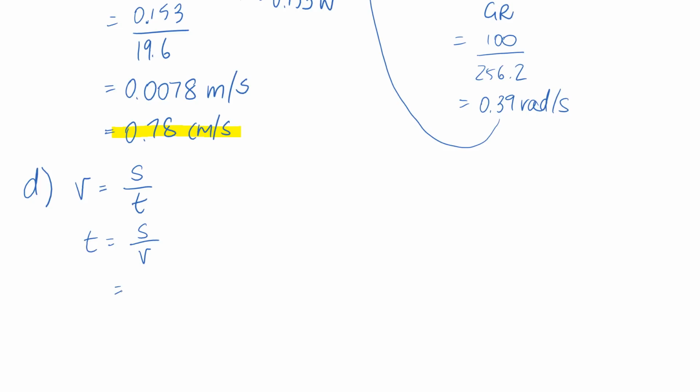And we just need to substitute in our information. So the displacement that we want to go is 30 centimeters, and the speed at which we're doing it is 0.78. So this comes to about 38.4 seconds for the time it would take to lift it all the way up to where we wanted.